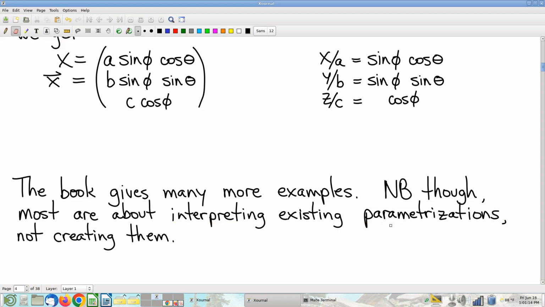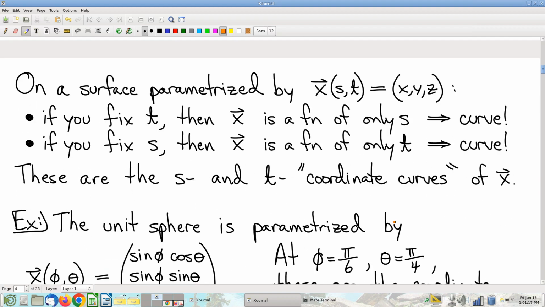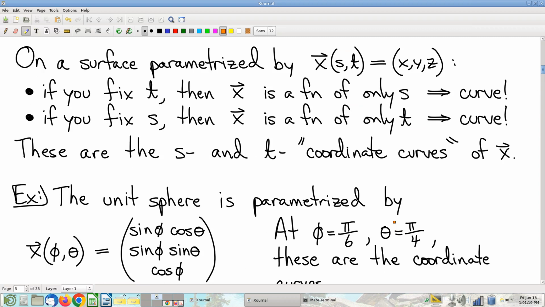Okay. All right. So we're going to play around with our new idea of a parameterized surface now. There's some nice work that we can do that's going to end up with a nice punchline. So here we go. I'm going to define something called coordinate curves of a parameterized surface.